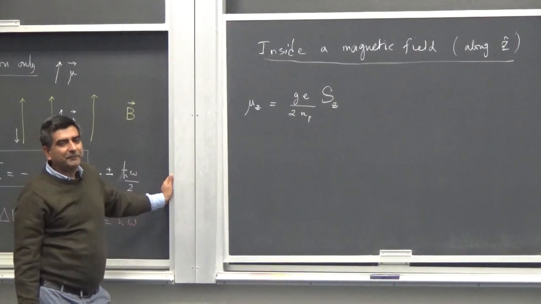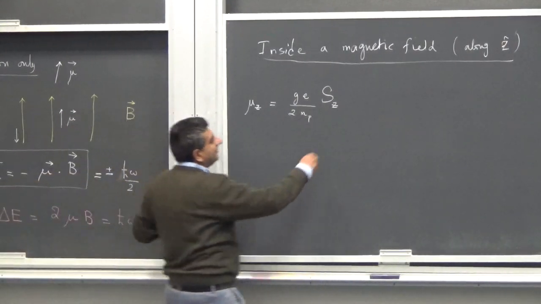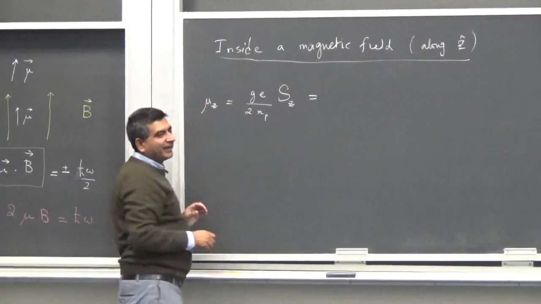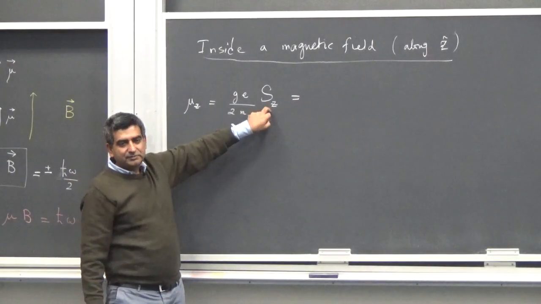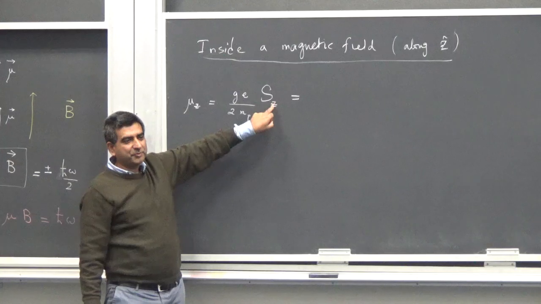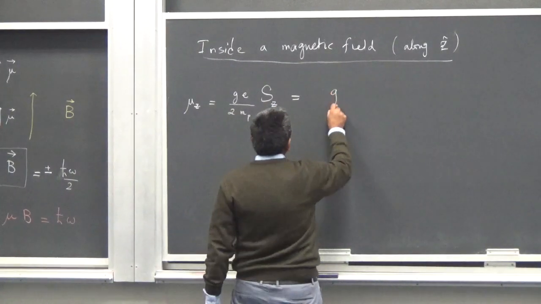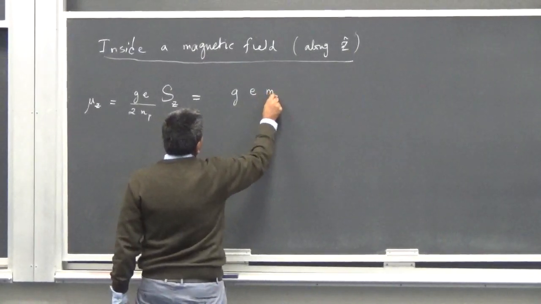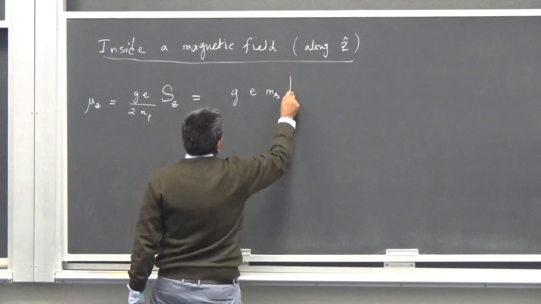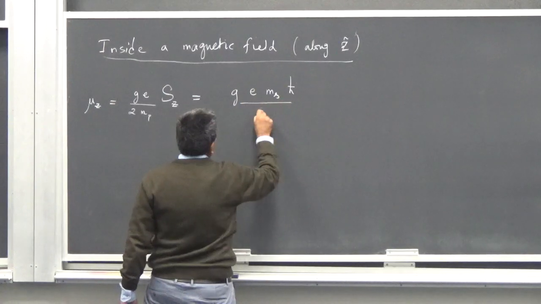Okay? And we know from basic quantum mechanics that this has to be quantized. So g e, this is quantized according to ms, h bar over 2 m_p.